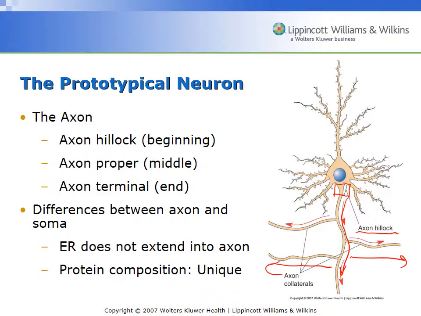Such axon branchings are known as recurrent collaterals. So the ones that return are called recurrent collaterals.